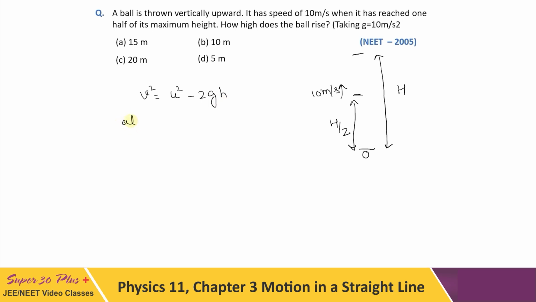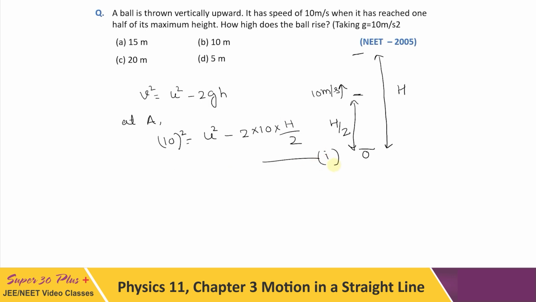At A, if we write, then this v is equal to 10 meter per second. So it will be 10 square. That is equal to initial velocity, we do not know the value, so let us write this as u itself, minus 2g. Now g we can write as 10, which is given in the question, into h by 2 for this point A. So we got equation number 1.